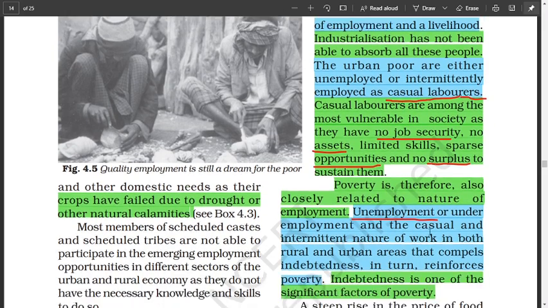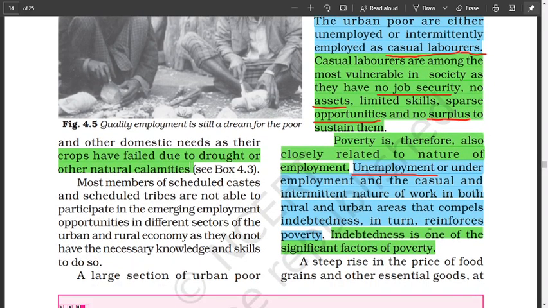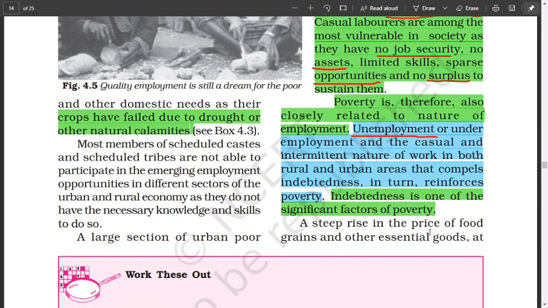And another reason why people are still living in poverty, even though they want to find a job, is the nature of unemployment or underemployment, and the casual and intermittent nature of jobs in both these areas.